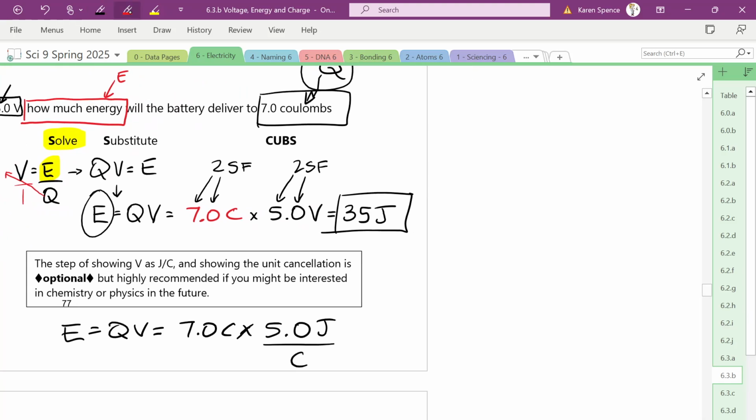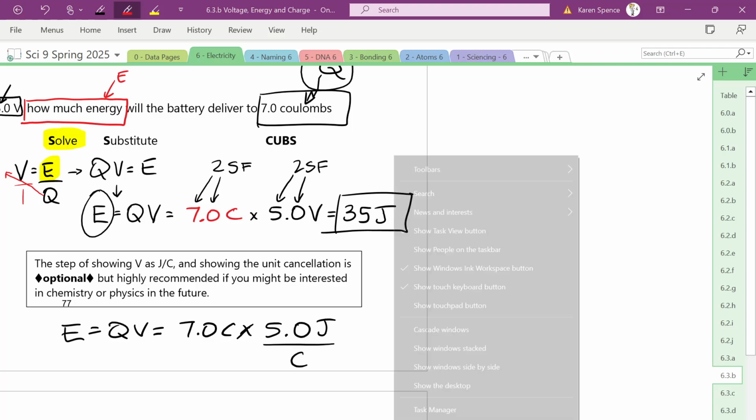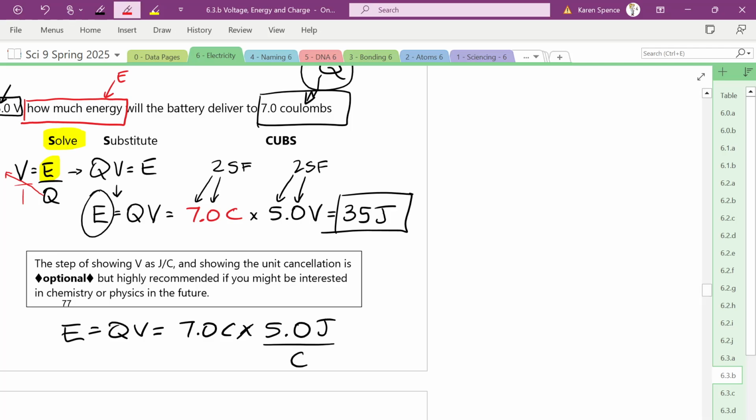And in that case, you can actually see that because you have coulombs on the top and you have coulombs on the bottom, those cancel out. So if you want that extra enriched credit, you can show that work, which proves that your unit should indeed be joules. Okay, so that would be enriched, showing that bit there.